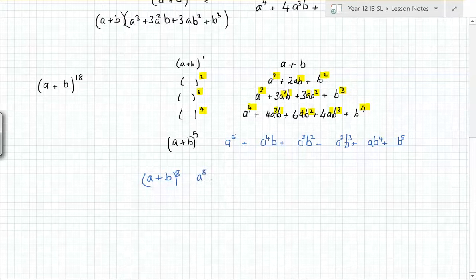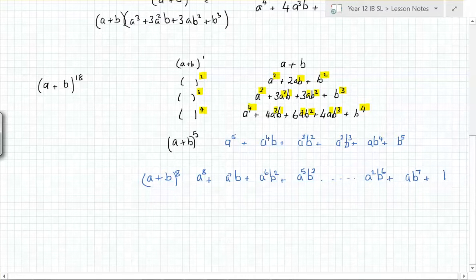A to the power of 8 plus A to the power of 7 times b, plus A to the power of 6, b to the power of 2, plus A to the power of 5, b to the power of 3, all the way to a to the power of 2, b to the power of 6, plus a, b to the power of 7, plus b to the power of 8.